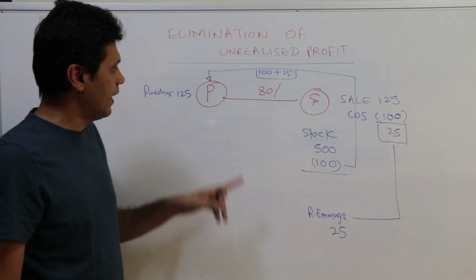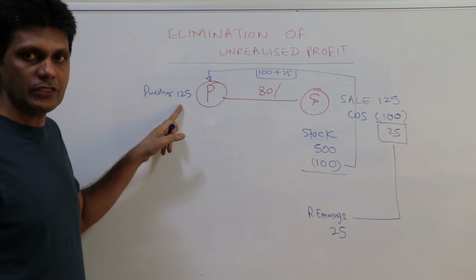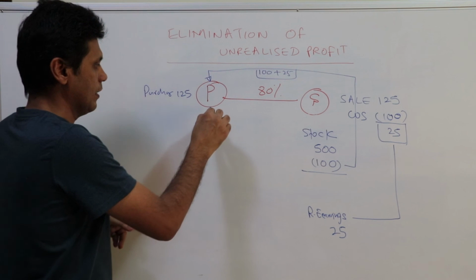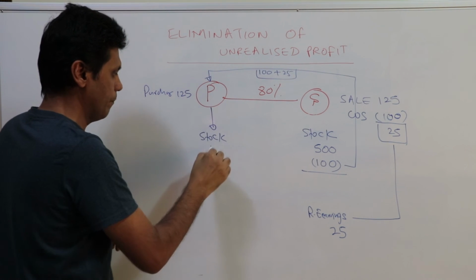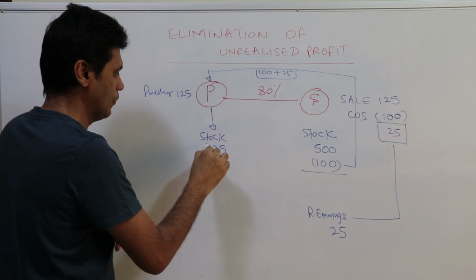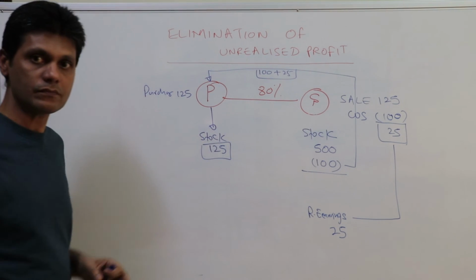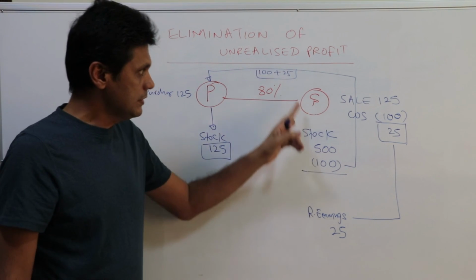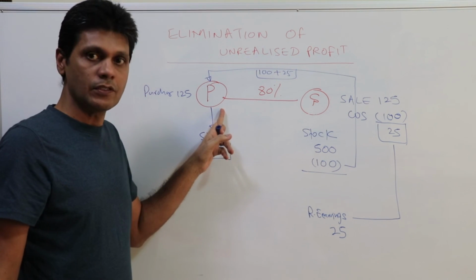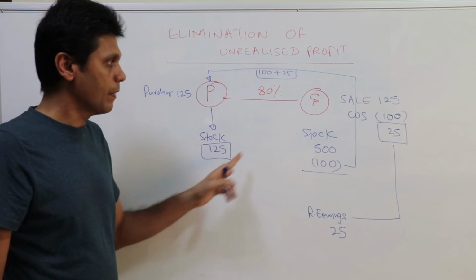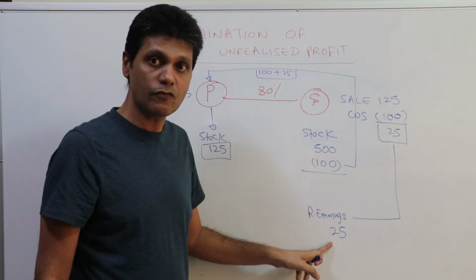Whereas since P company has purchased this 125, it will be recorded under the stocks of the parent company, 125. Since S company has sold these goods to P company, S has recorded a profit of 25.